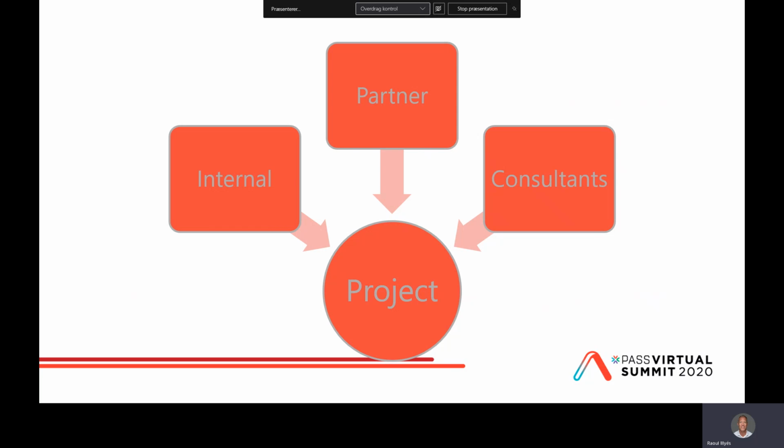That is the type of partner that I'm talking about. Will the outsourcing partner be needed as part of the migration? And finally, you might also need consultants, either for mentoring or training you in new technology, or there might be some specific tasks that only some very specialized consultant can help you with. So this is the typical scenario that we see out there.